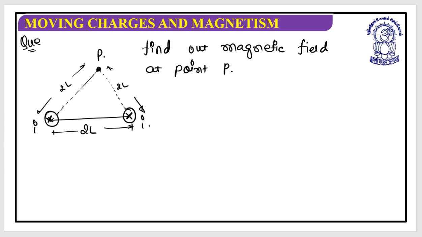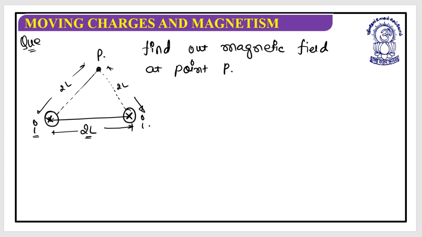How will you do it? First, understand that these currents are moving inside the plane containing this line, that means perpendicular to this plane. So first work for the magnitude.